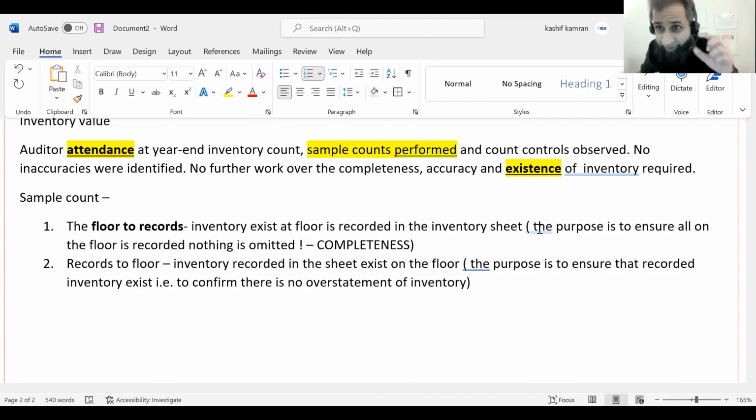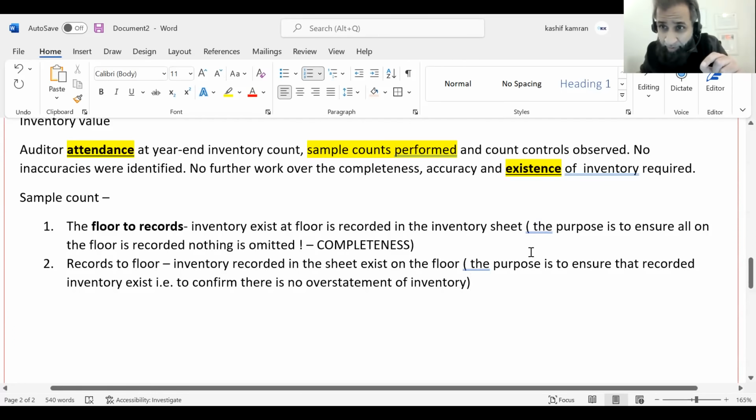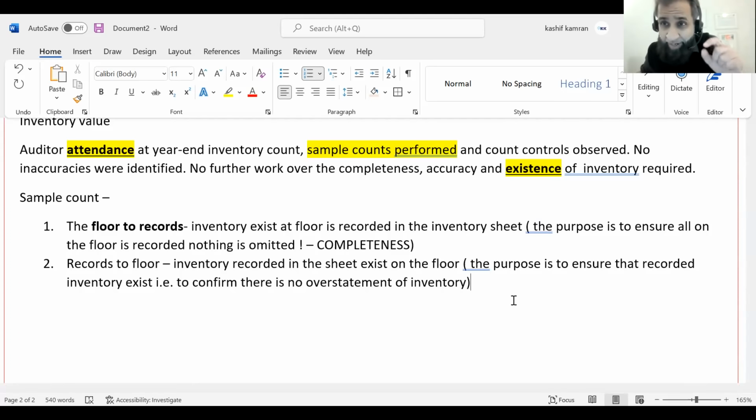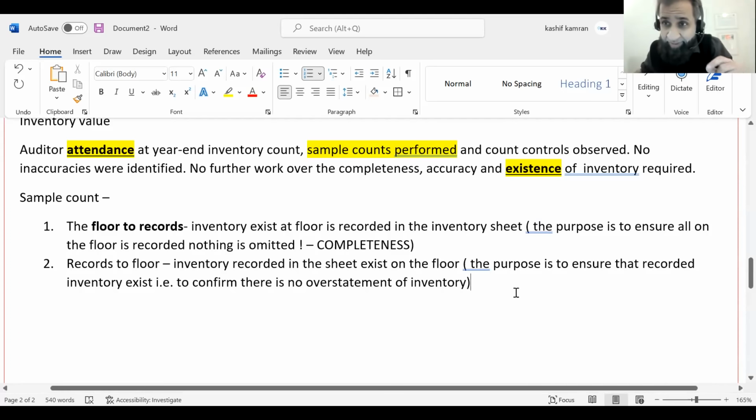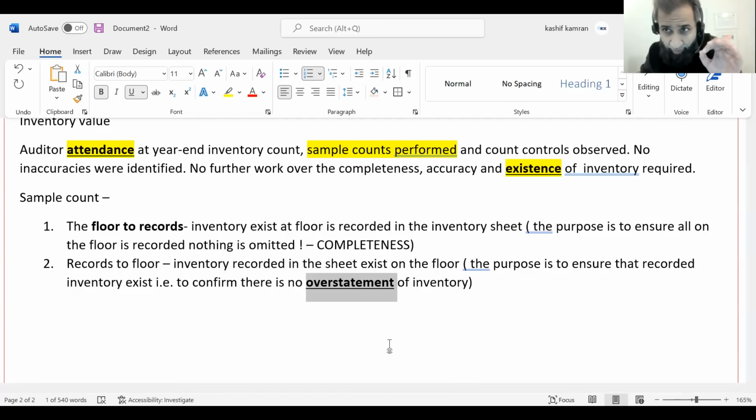Record to floor. If something is recorded in the inventory, should that exist? Otherwise, that will be a fictitious inventory. If I have recorded something in inventory, but that inventory does not exist, is that a risk of overstatement? If something is recorded but not available on the floor, is that an overstatement of inventory?